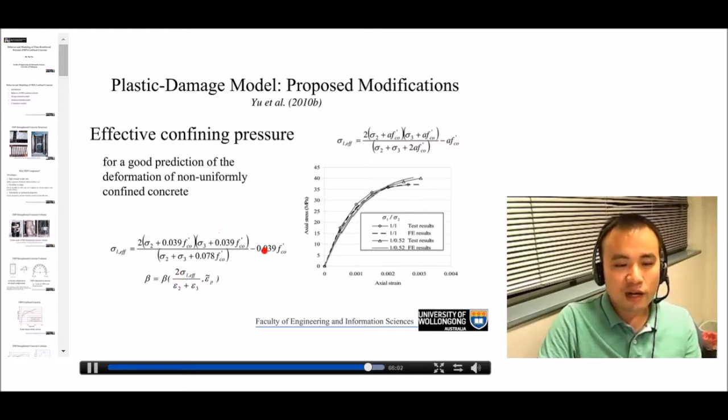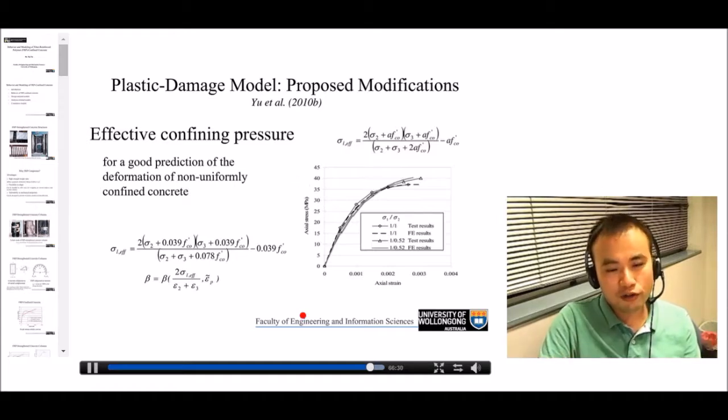And we developed this equation based on existing test results of biaxial compression. As we explained just now, biaxial compression is one extreme case of non-uniform confinement. So we think that if you can predict the performance of concrete under biaxial compression, then we can predict one extreme point for this kind of concrete.